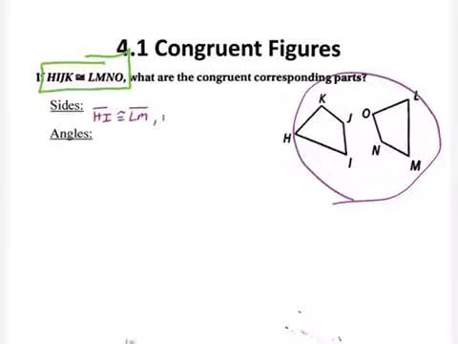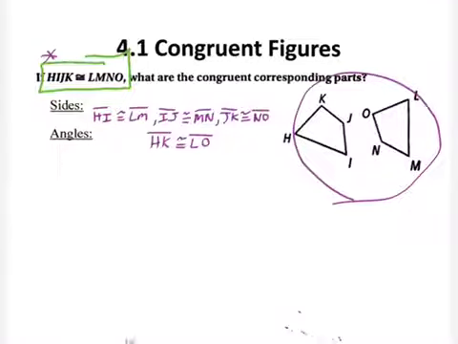I also know that IJ is congruent to MN. I know that JK is congruent to NO. And I also know that HK is congruent to LO. And I did all of that using just the name of the congruent statement.